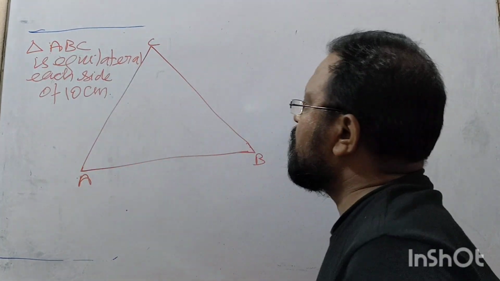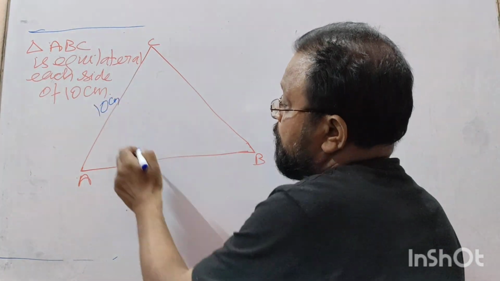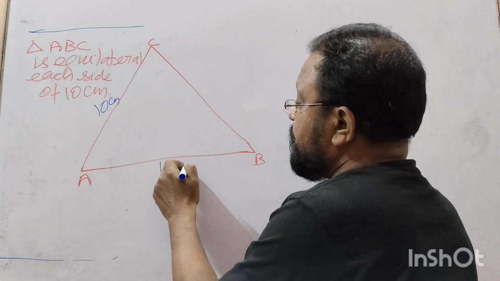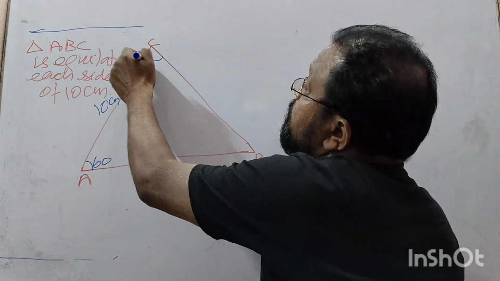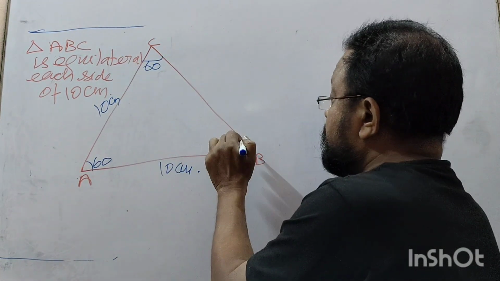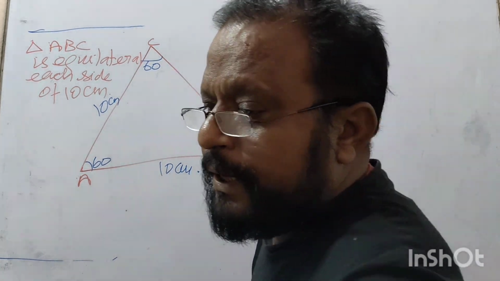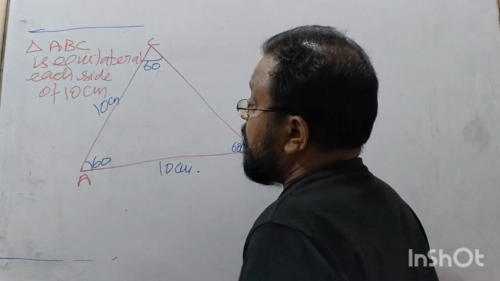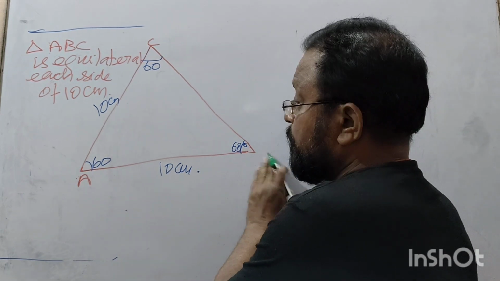Now this is 10 centimeter, this is 10 centimeter, this is 60 degree, this is 60 degree, this is 60 degree, right? You draw a line. Oh, sorry.